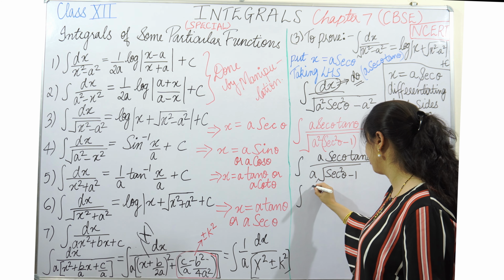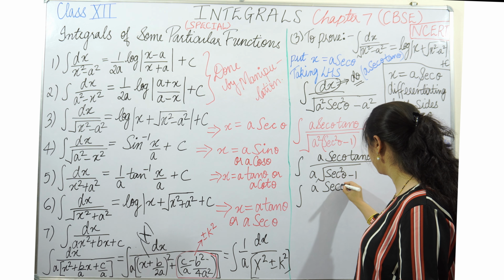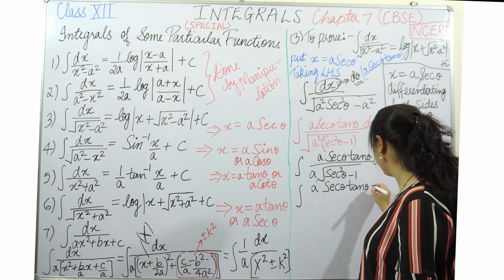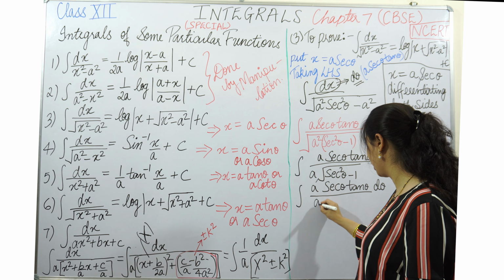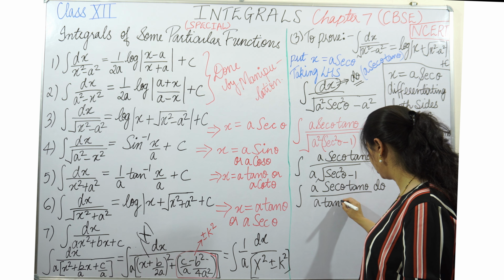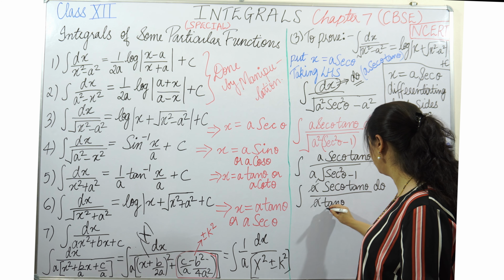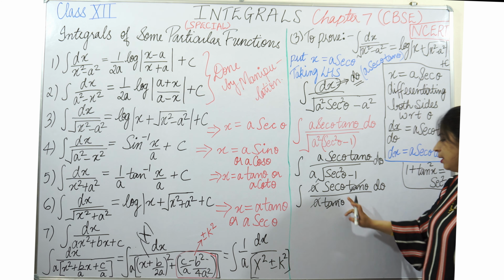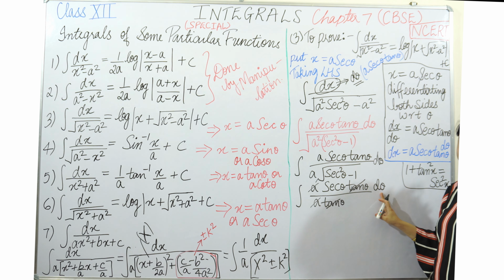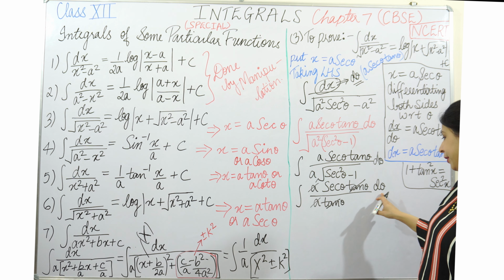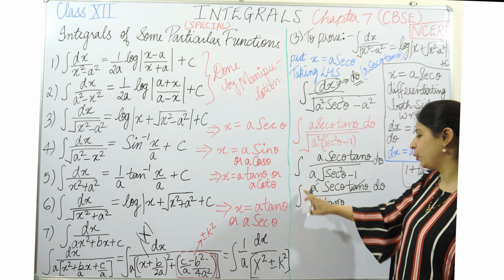Okay, so here I am getting a sec theta tan theta d theta upon a tan theta. A and a get cancelled, tan theta gets cancelled. So here I am left with only sec theta d theta. Okay, so now I have to integrate sec theta d theta.